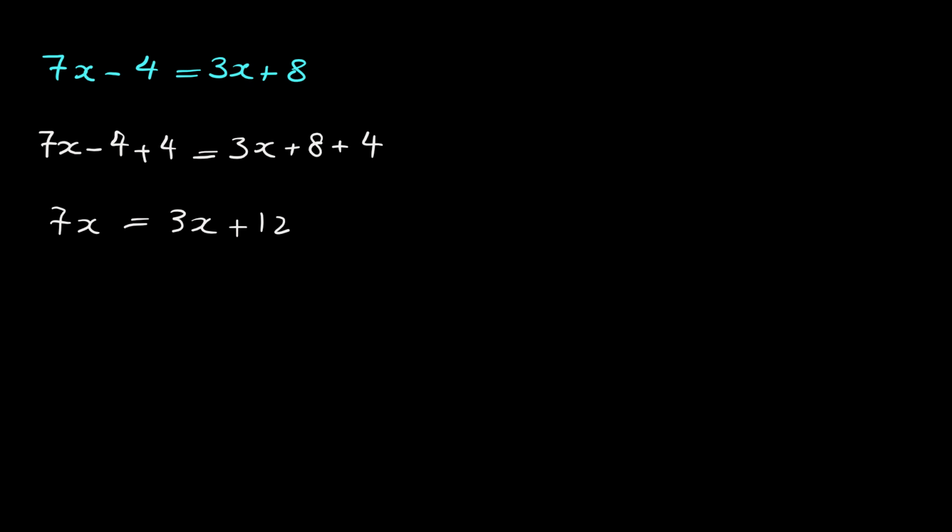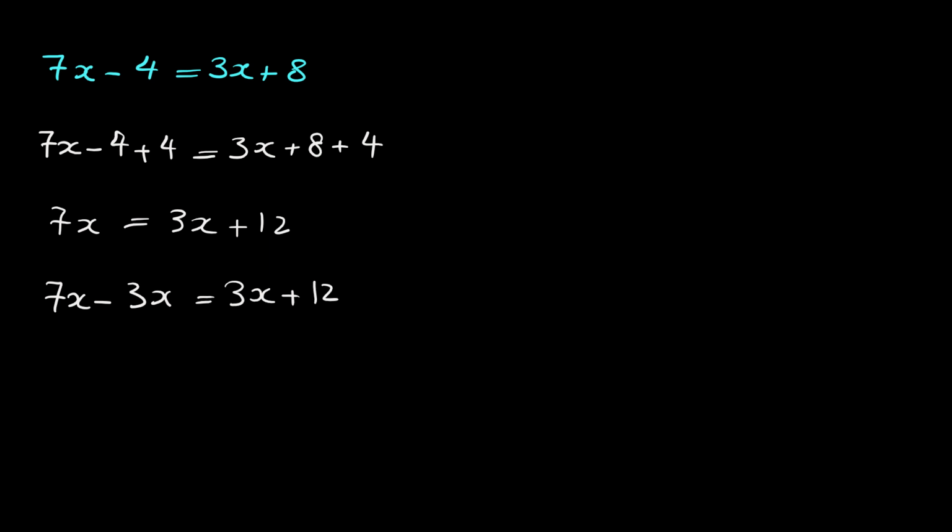Now, remember, we usually want to have the unknowns, the variable, on the left side. So, we have to get rid of this 3x on the right. How can we get rid of 3x? By subtracting 3x, the opposite. So, now we subtract 3x from both sides.